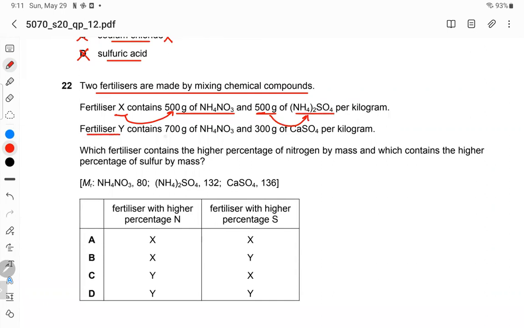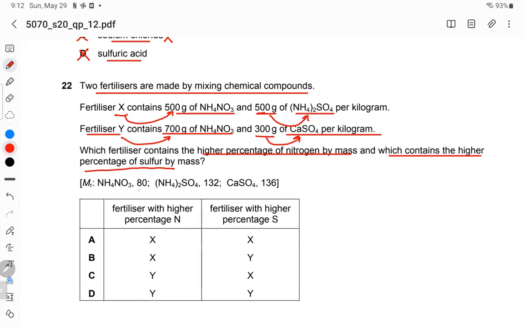Fertilizer Y contains 700 grams of ammonium nitrate and 300 grams of calcium sulfate per kilogram. Which fertilizer contains the higher percentage of nitrogen by mass, and which contains the higher percentage of sulfur by mass?